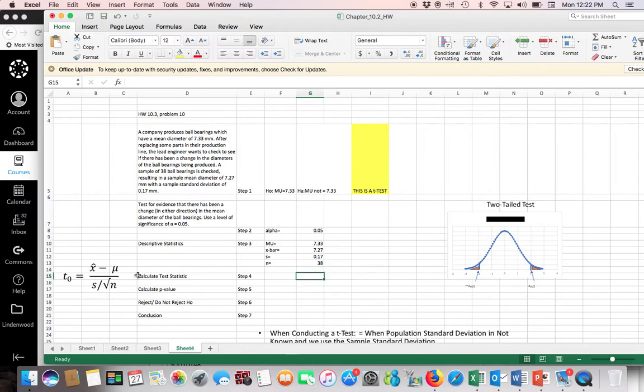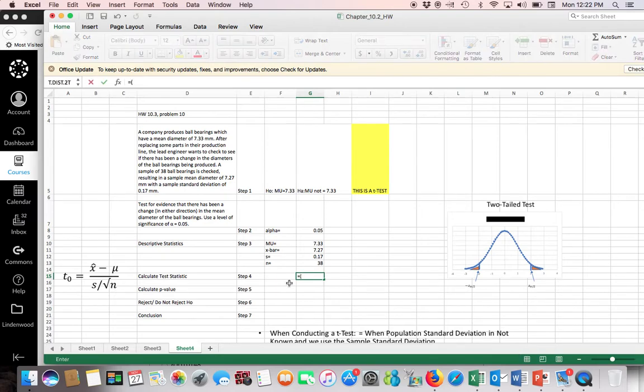Step 4, we want to calculate our test statistic. For a t-test, we're going to use x bar minus mu divided by the sample standard deviation divided by the square root of the sample size.